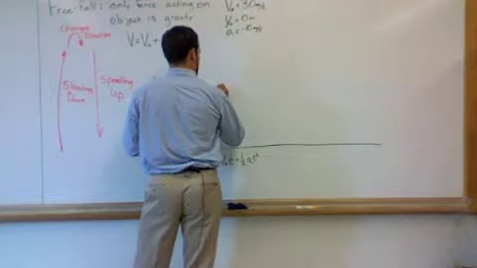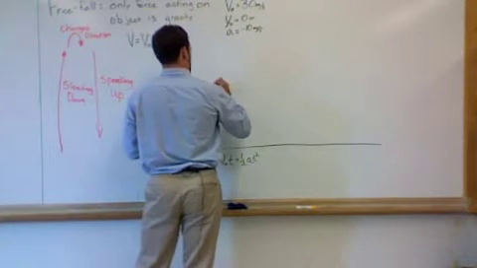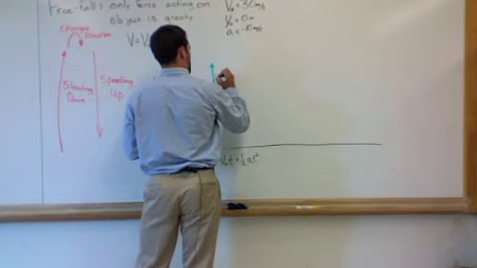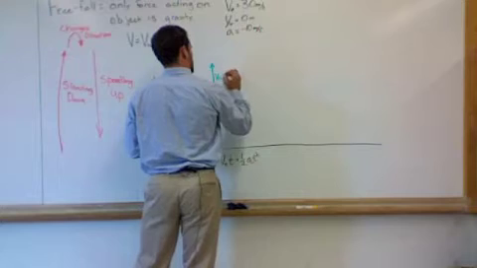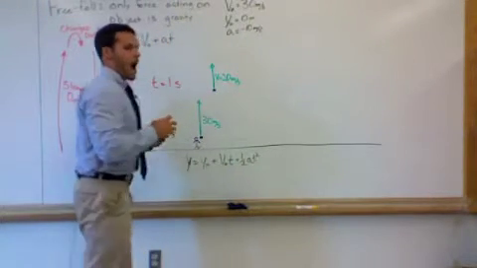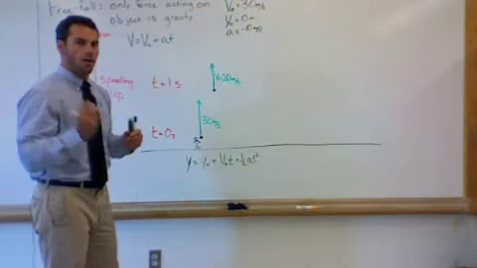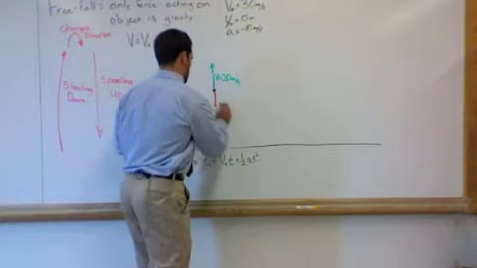So here's our projectile. We have our velocity is equal to 20 meters per second. At this point, too, our acceleration is directed downward. Let's do that in blue.